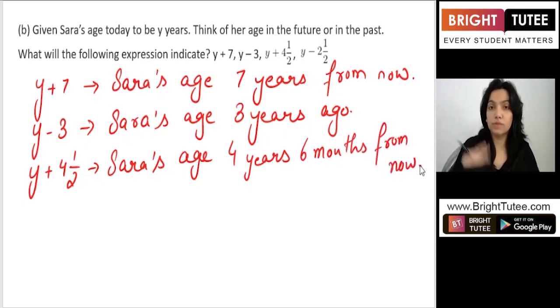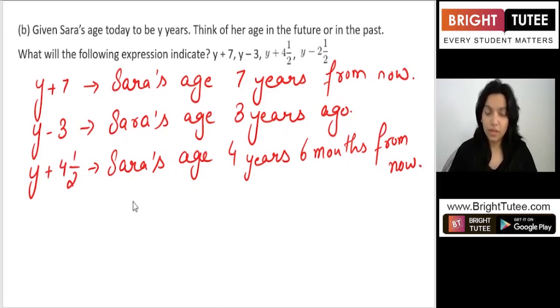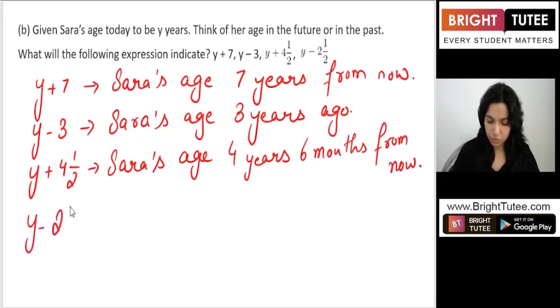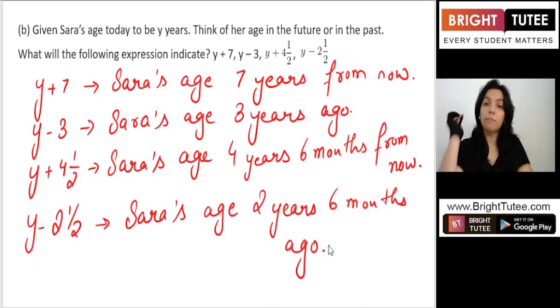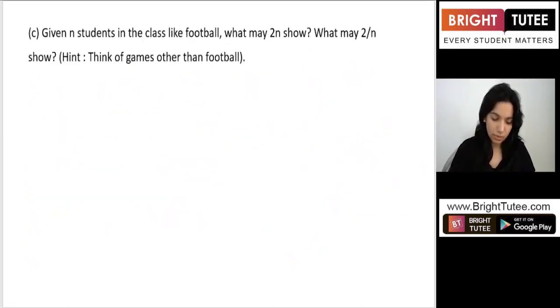Okay, so it is 4.5 years in future. Now what is Y minus 2.5? So it is Sarah's present age 2 years 6 months ago. So we are going in the past, and how much are we going in the past? That is 2.5 years.